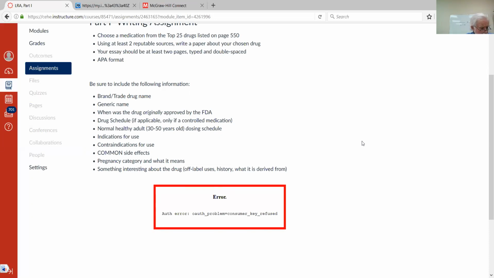The guideline here is in the top 25 of these drugs. Number one is not on the top 25 list itself. The generic form, atorvastatin, is.